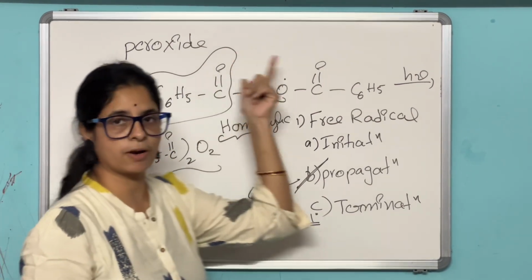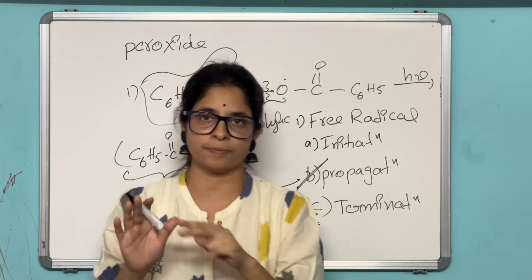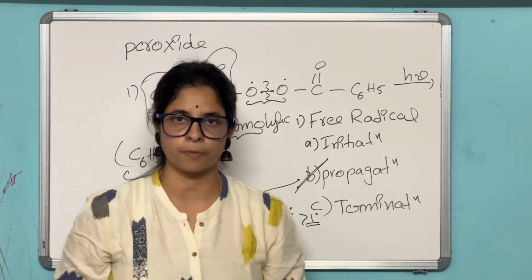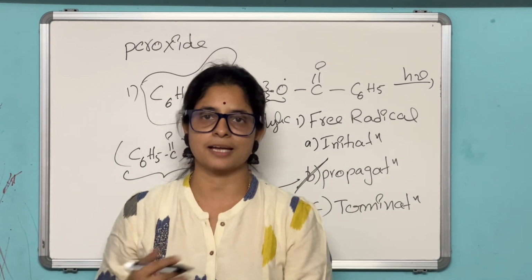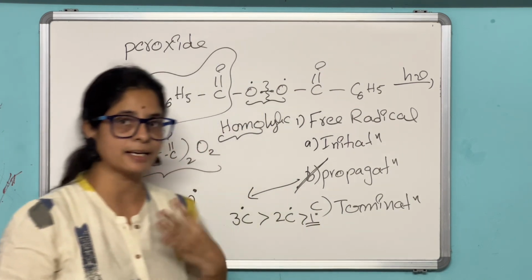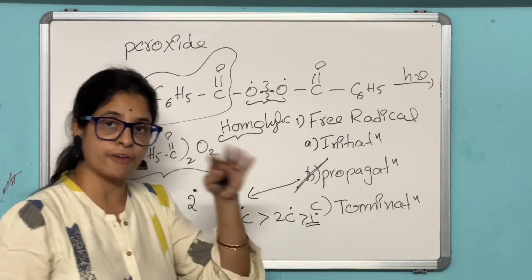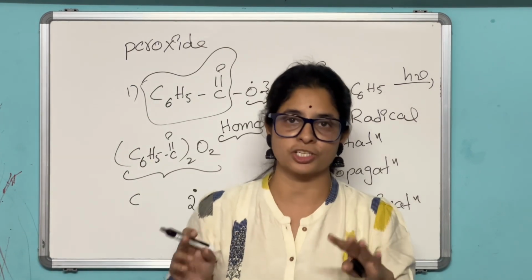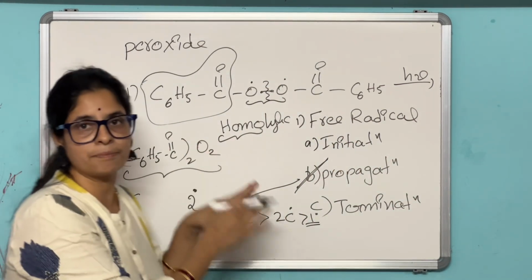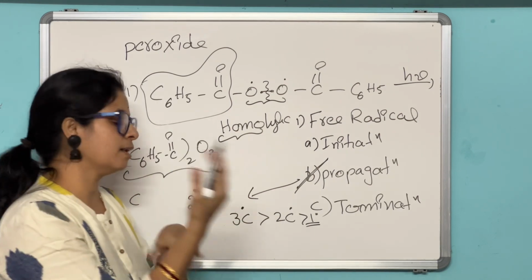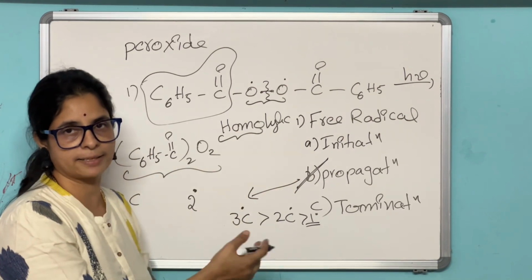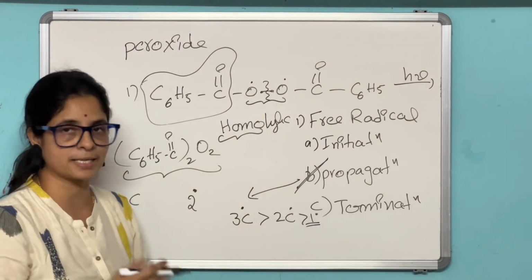But if we add Br according to this peroxide effect, actually it is the experimental analysis. After that we proposed a mechanism. These are the steps that take place. That experimental analysis was observed by the scientist Kharasch. So after the experimental observation, this is the mechanism proposed. This may be like this, or that may be like that, by applying some rules.